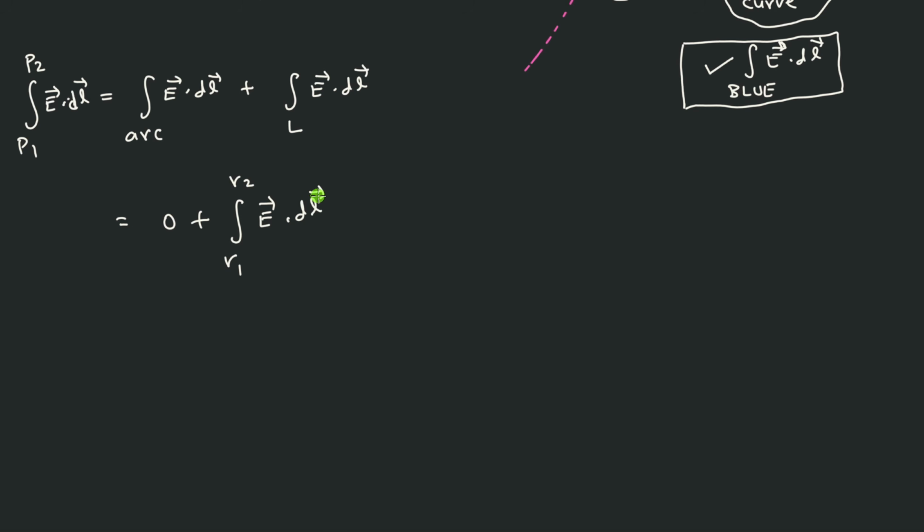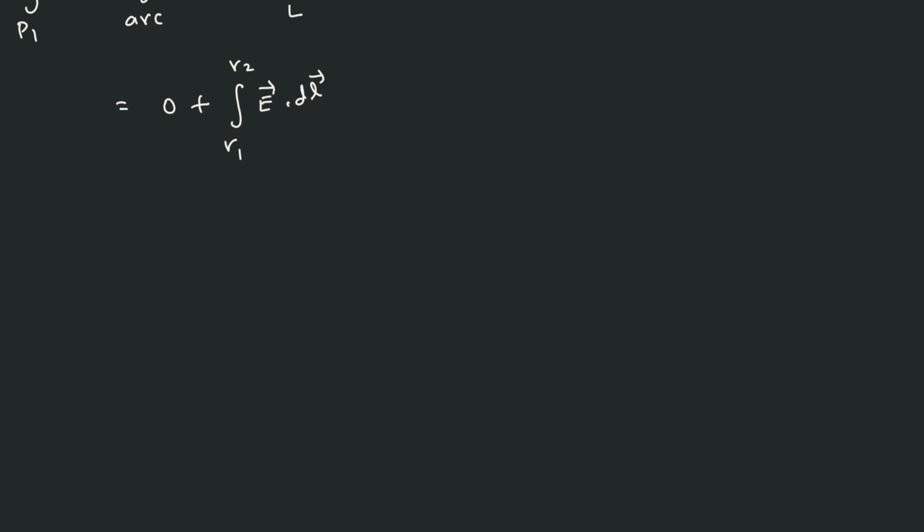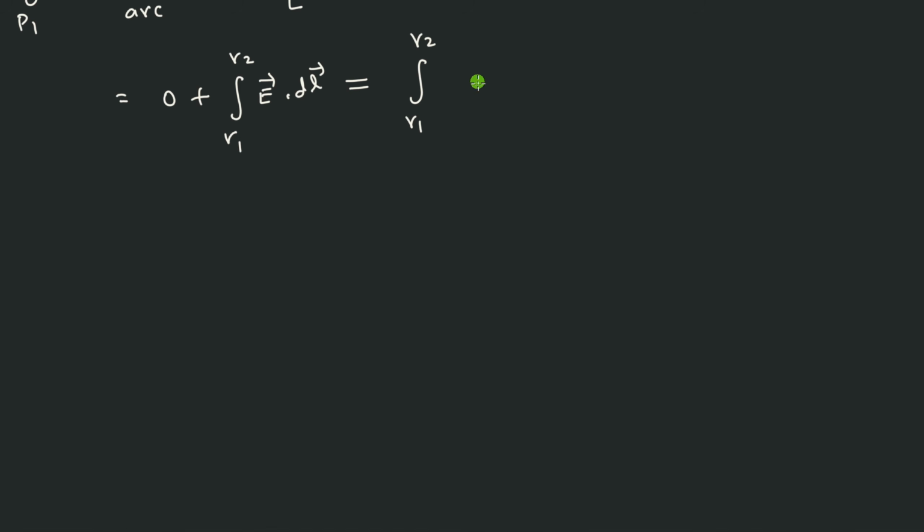And that's all. Because the first term is 0, it is only a matter of evaluating the second term, and we can write it down like this. So that is equal to the integral from r1 to r2. Let us write down the vector expression for the electric field.